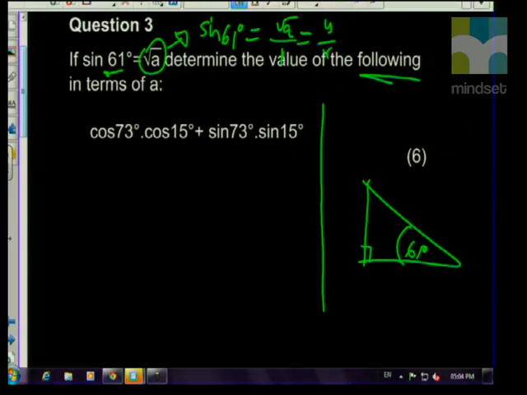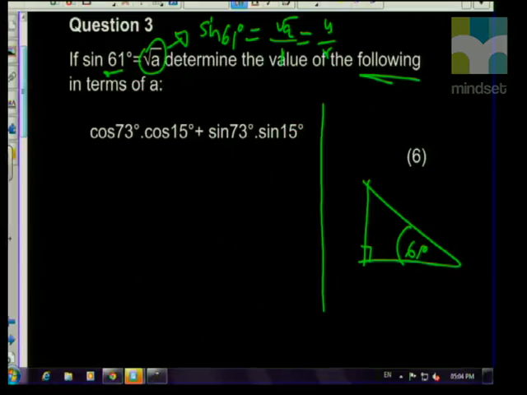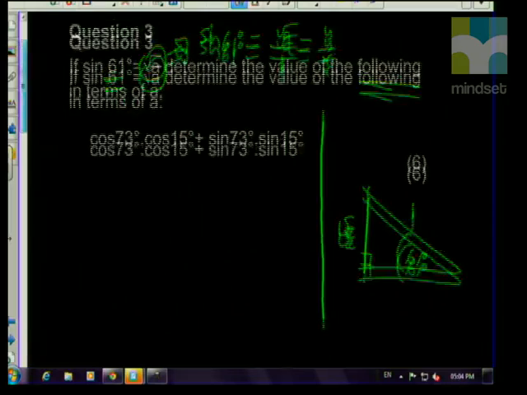Okay. Now, so we've got 2. We can work out the other side, which is your x, your adjacent, from Pythagoras. I've got sine is y over r, so that is the square root of a divided by 1. Now, how do you work out your x?